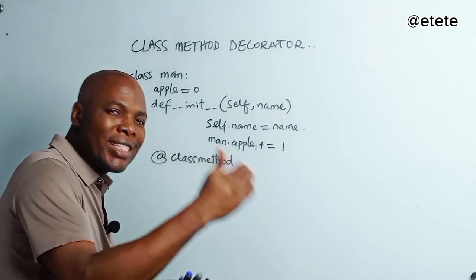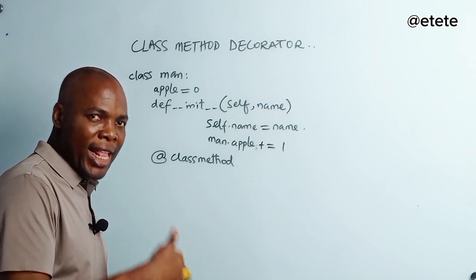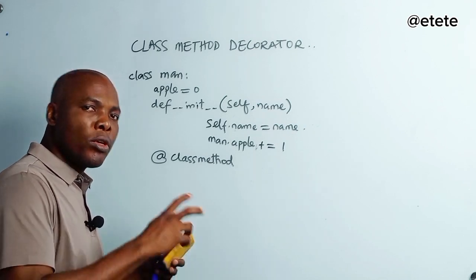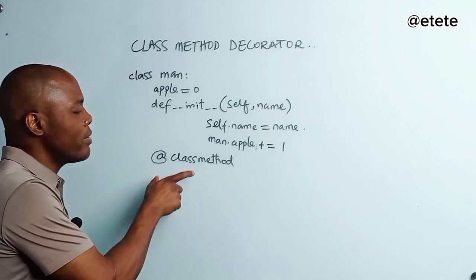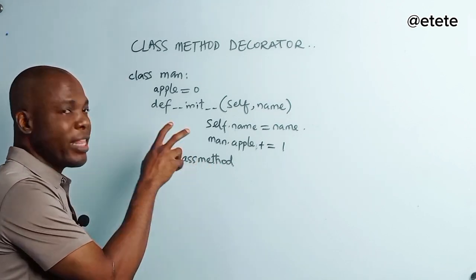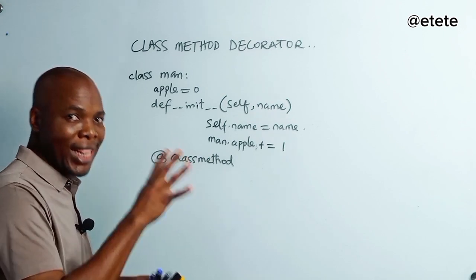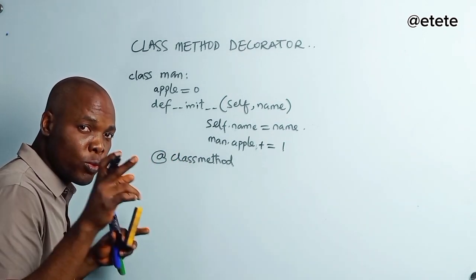Now, instead of creating the instance method first, before we now pass it to a class method, which is going to convert it to another class method, what we just simply have to do is write this keyword, at classmethod. The interpreter will understand that this is a class method that we want to create. The last time we used woman.